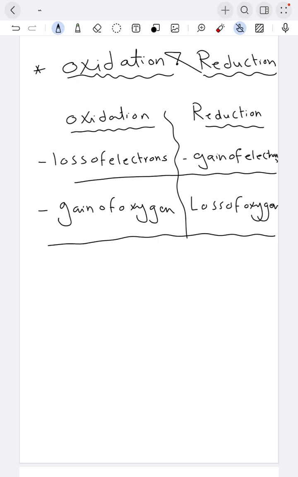Third definition: oxidation here means increase in oxidation number, and we will take some examples to know what is meant by oxidation number, while reduction means decrease in oxidation number.